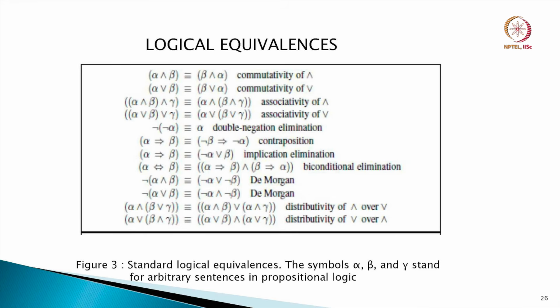This implication elimination is also used heavily when you are trying to reduce or simplify your knowledge base. Biconditional elimination: if you want to eliminate the biconditional alpha double implication beta, you can say alpha implies beta and beta implies alpha. And De Morgan's theorem we saw, and distributivity. So these are the same as what we saw in the earlier slide.